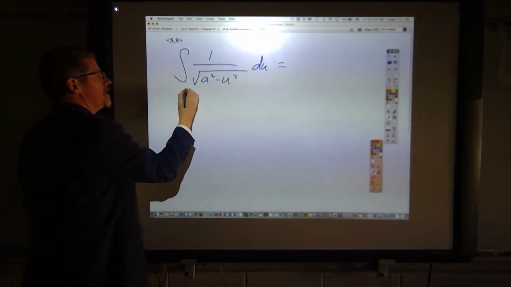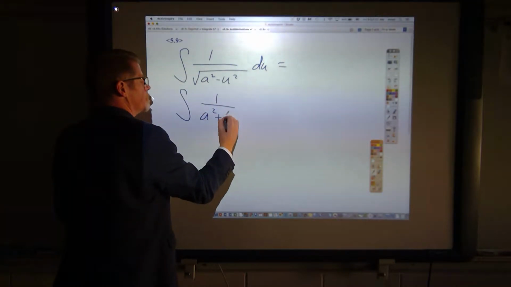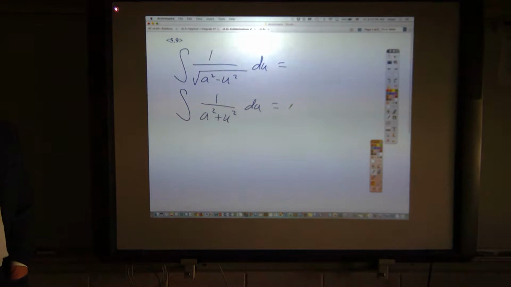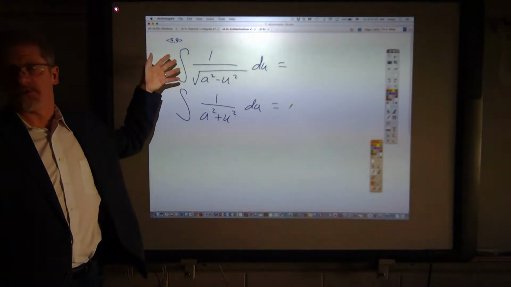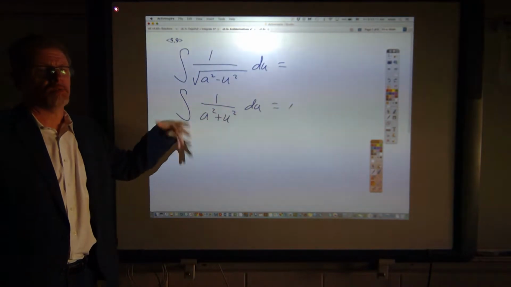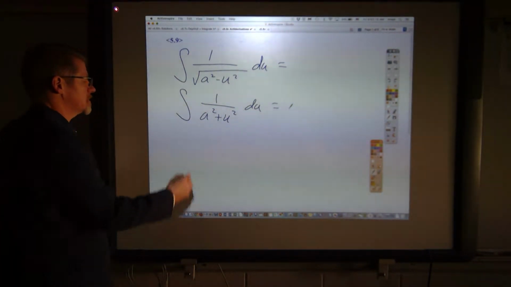The second one is the antiderivative of 1 over a squared plus u squared du. First one's reminiscent of sine inverse. The second integrand is reminiscent, not exactly, but reminiscent of the derivative of tangent inverse.